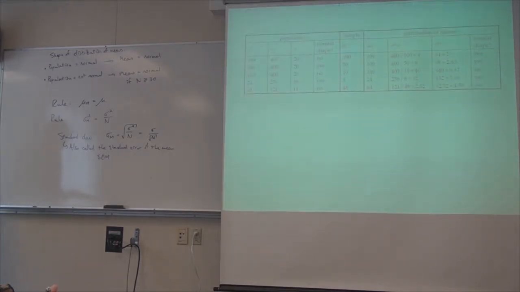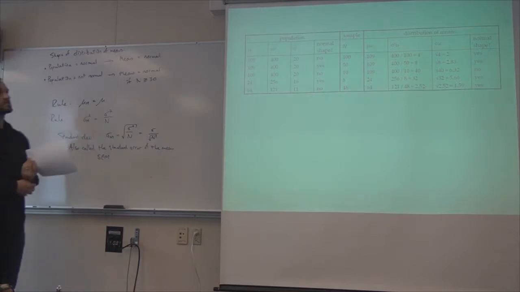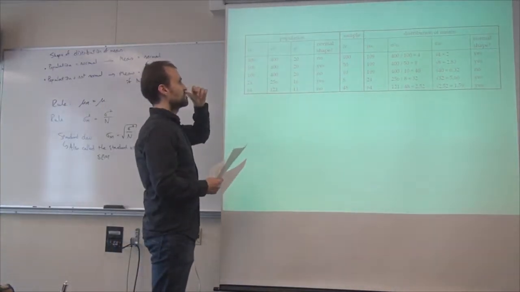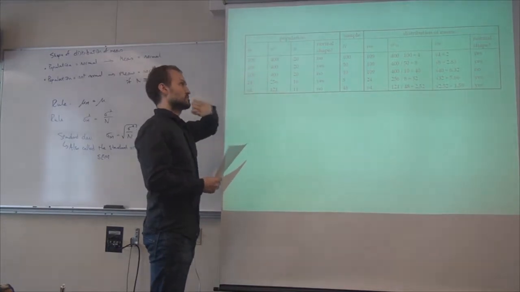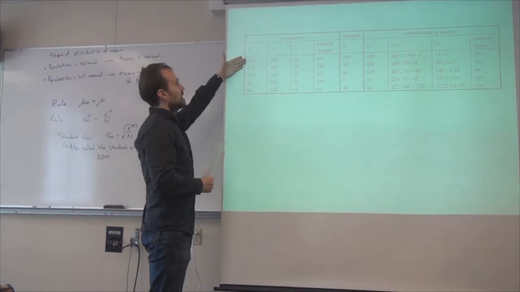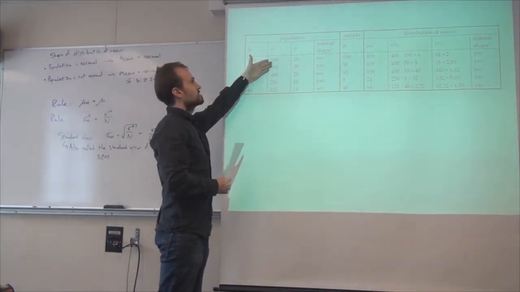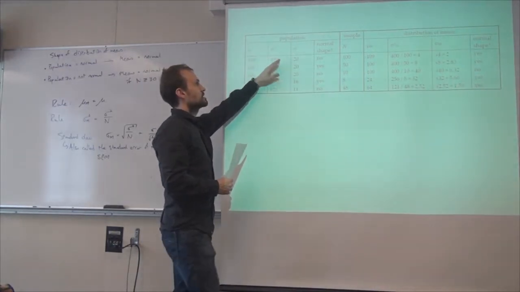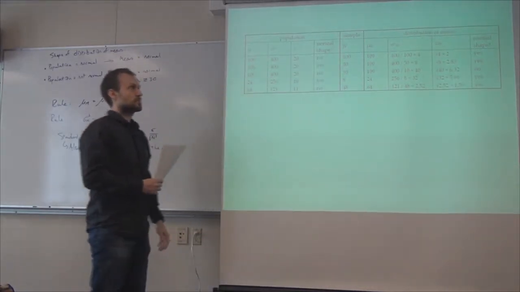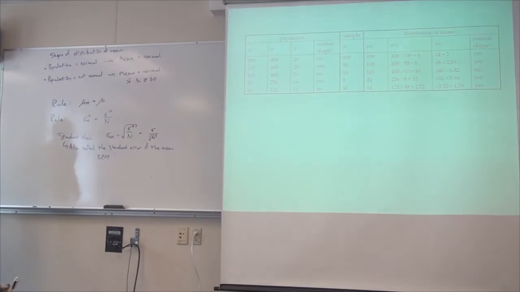So if I just go down here, let's look at this for a second. I have different kinds of population scenarios. Suppose I have a mean of 109, variance of 400 for my population, therefore a standard deviation of 20, but I don't have a normal shape for the population.